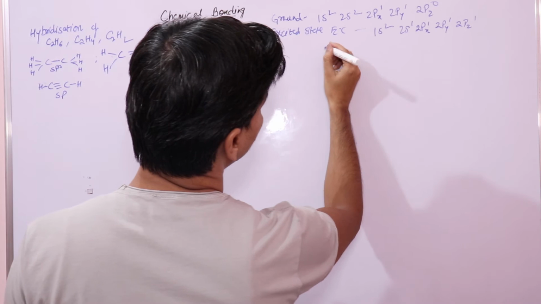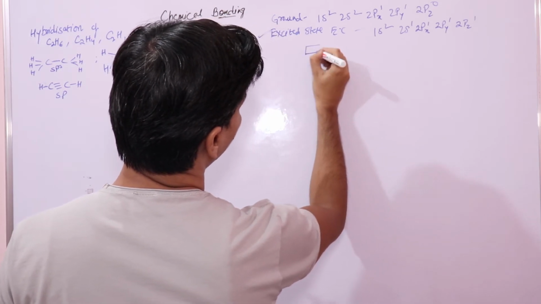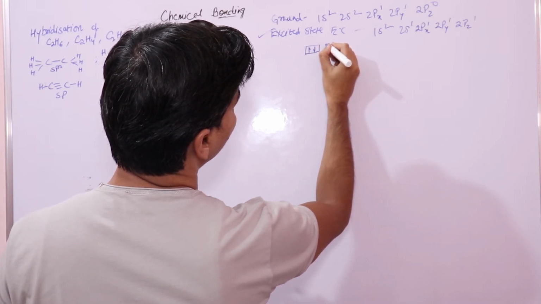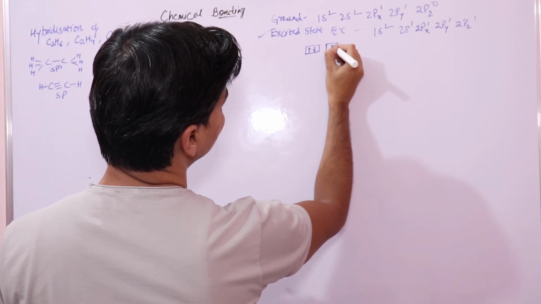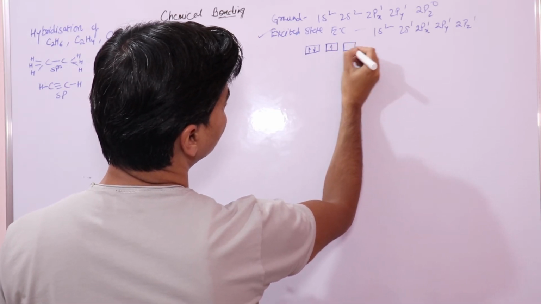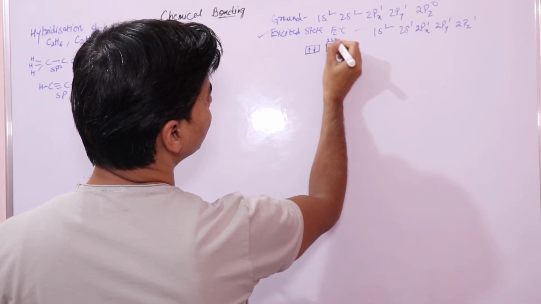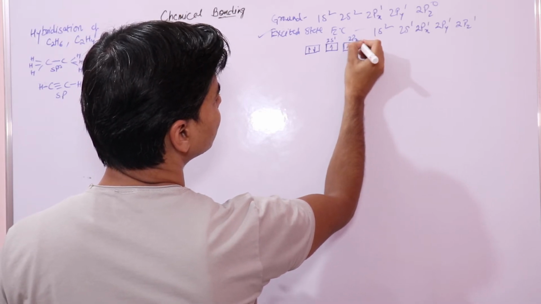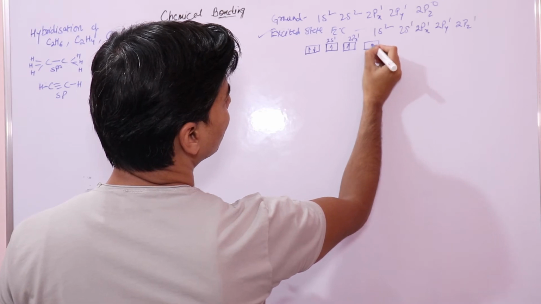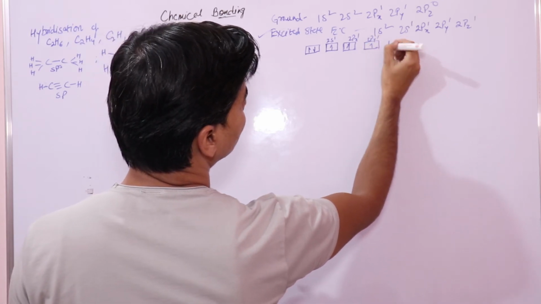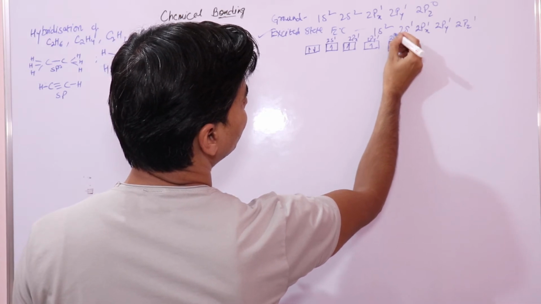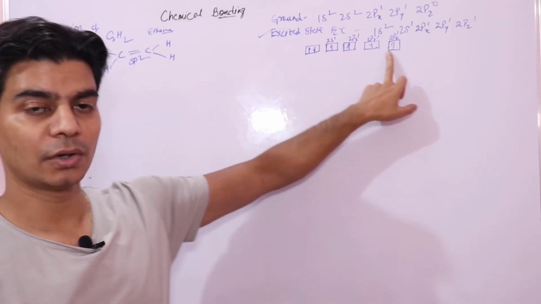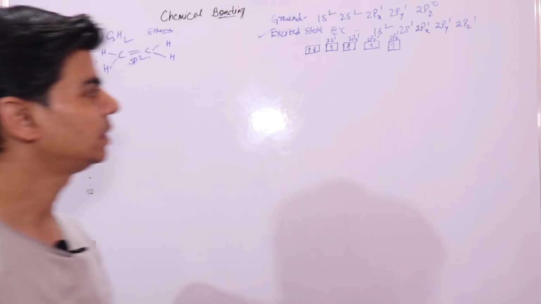Now if I draw it like this, this is your 2s1, and this is your 2px1, 2py1, 2pz1, right?